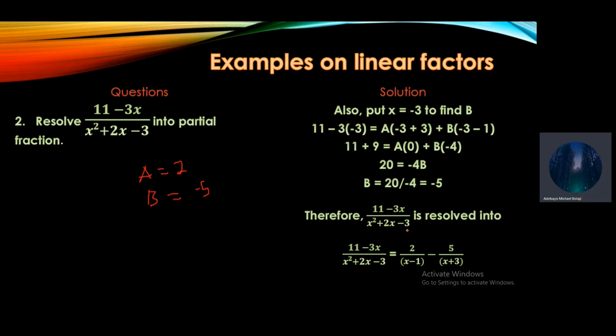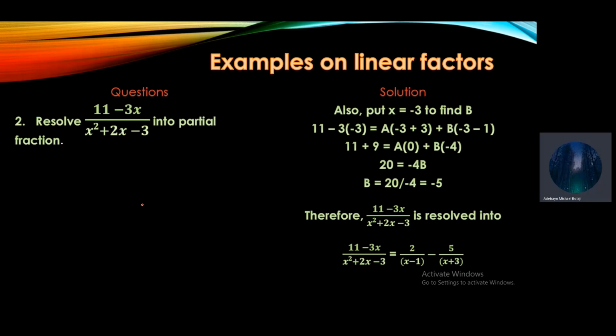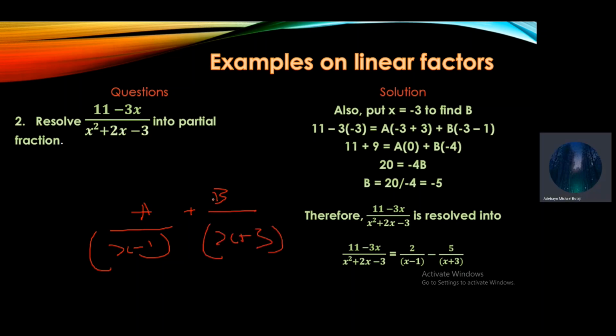Okay, let's rewrite this so that I won't get confused. What we actually mean here is, instead of a over x minus 1 plus b over x plus 3, we got the value for our b to be minus 5.